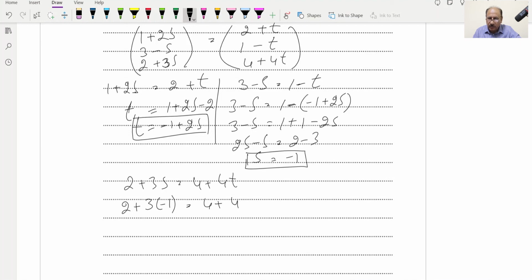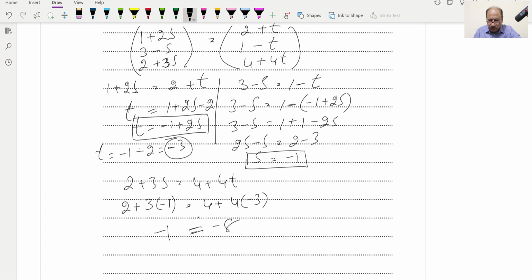Replacing s in t, t is equal to minus 1 plus 2 into minus 1, so minus 2, which is minus 3. So the t value is minus 3, which we replace here, so minus 12 plus 4 will be minus 8, and this side will be minus 1.